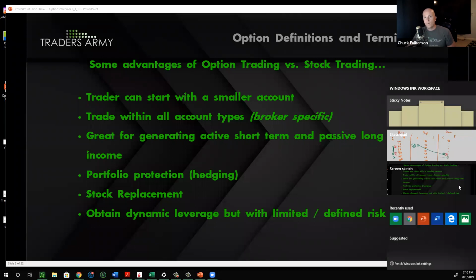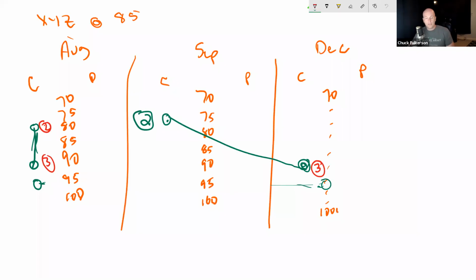So when I look at dynamic leverage, let me clear this off. I'm going to try to write this out, so hopefully this will make sense to everybody. Let's say that I buy a stock at $50 a share, and the stock goes from 50 to 51. In that case, I have made $1.